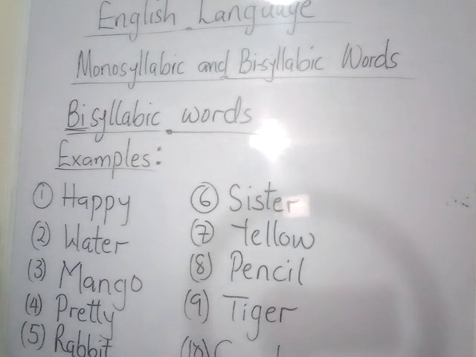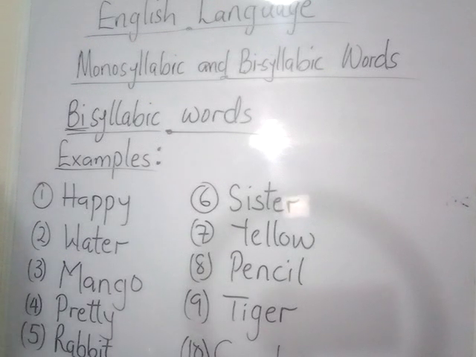So I hope next time you come across the words monosyllabic or bisyllabic, you will not see them as a very big thing. Because by now I'm very sure you understand what they mean, and you can easily give even more examples than we have looked at here.